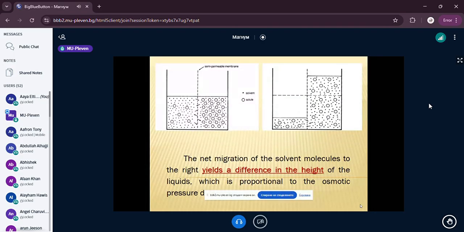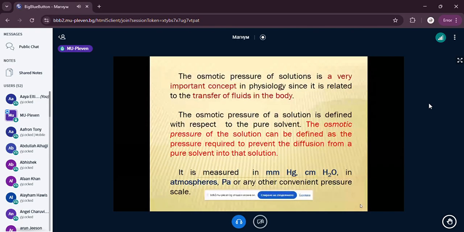It is an experimental way of measuring osmotic pressure in devices which are called osmometers, and to cover a specific topic in biophysics, how to measure osmotic pressure and compare the osmotic pressure of two solutions. So, any unit of pressure is applicable to osmotic pressure.